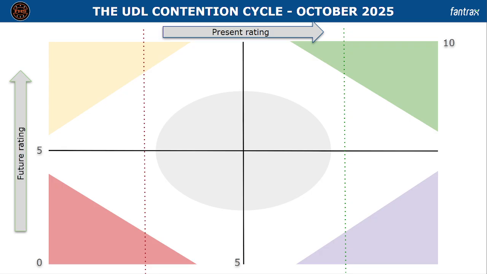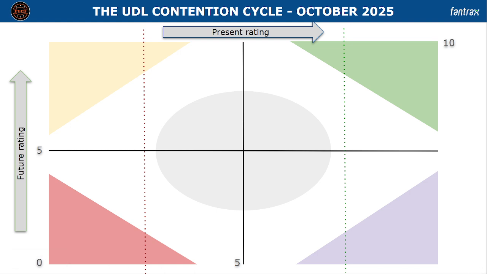So I've basically redesigned the table a bit, or colored it a bit, because the logic remains the same. You see on the Y scale is the future rating, so going from 0 to 10, and on the X scale is the present rating, so 0 to 10 again.